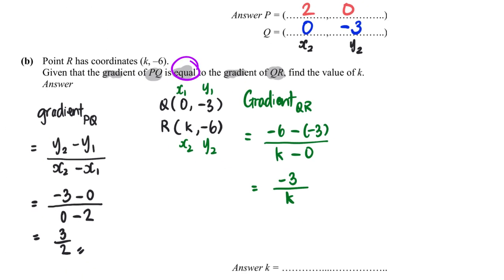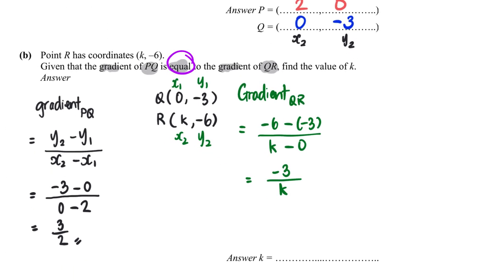And because they are equal, I can then form an equation now with 3 over 2 is equal to negative 3 over k. Then I can do my algebraic manipulation.